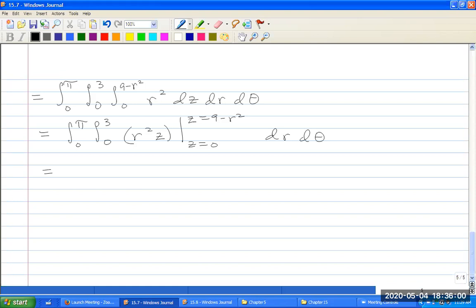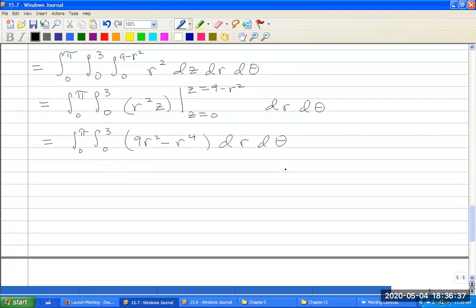Okay, so let's plug in for z, 9 minus r squared. And so this becomes 9r squared minus r to the 4th. Plug in 0, well, you just get 0. So I'm just going to subtract out 0. That doesn't do anything. dr d theta.